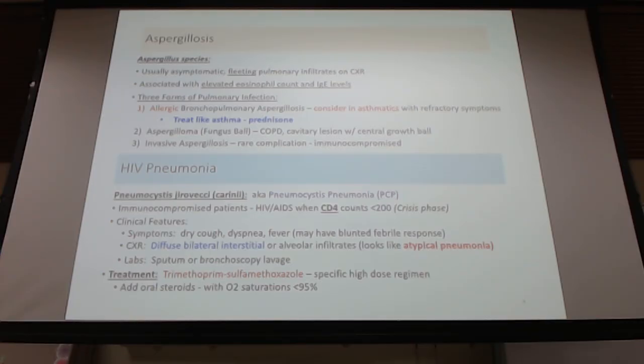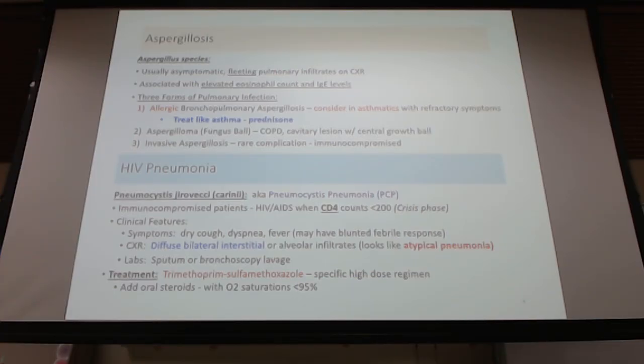Because a lot of times you get these fleeting pulmonary infiltrates, they're not reliable, right? So she would check for the eosinophil level, she'd check the IgE level, and really just look for a secondary cause for why this person's asthma was refractory. Why a primary care person couldn't manage them, or didn't feel like it, so they referred. These aren't exciting. Won't ask me anything about them, they're just other forms.